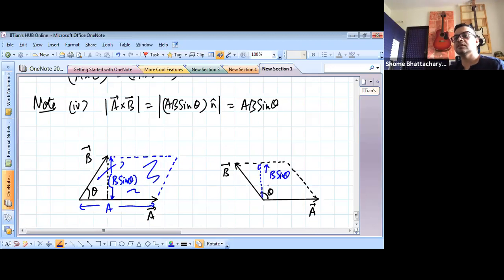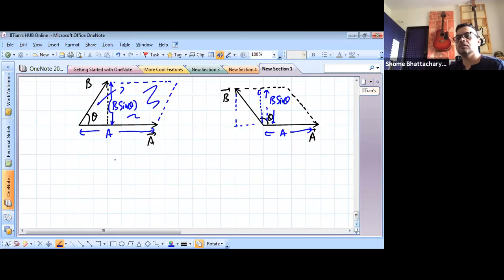This is B sine theta. Because if you just draw this right angle triangle here, B sine theta is the same as sine of this angle, so sine of this angle is giving you this perpendicular. So that's B sine theta. And this is nothing but A.